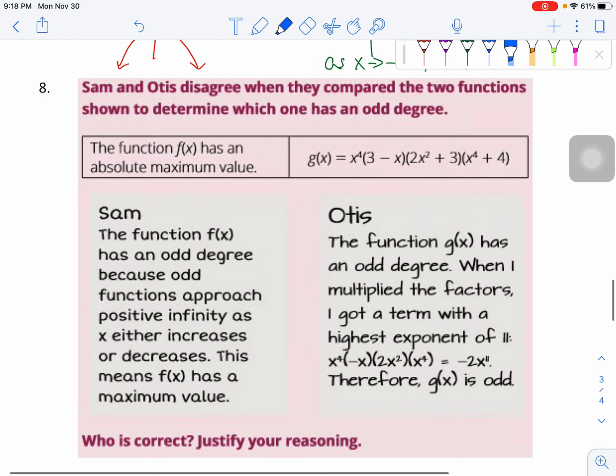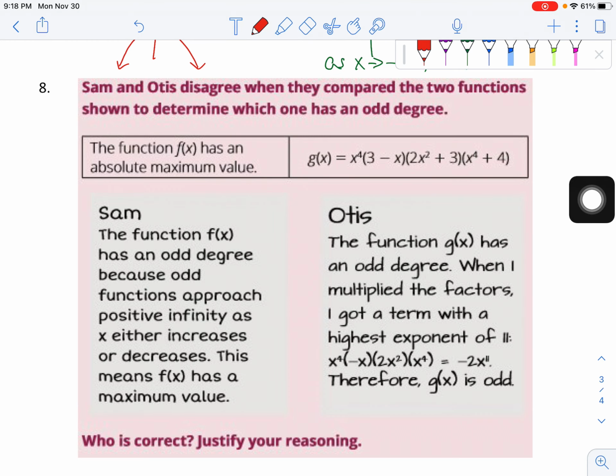All right, so this one's already been worked out for us. We've got Sam here and we've got Otis. They compared these two functions to determine which one has an odd degree. Okay, so, and I'm not going to even read their answers yet. I'm going to go in and do this like I needed to do this. So f of x has an absolute maximum value.